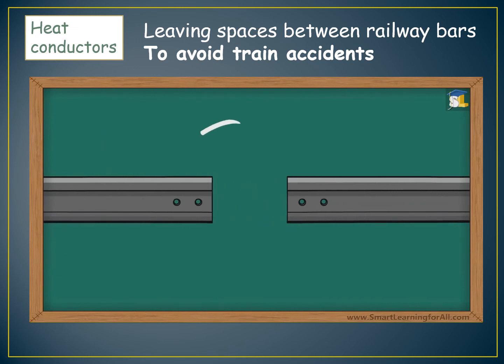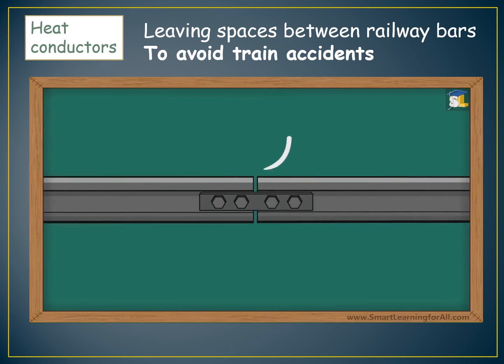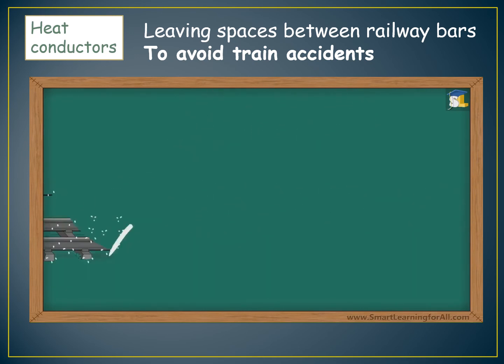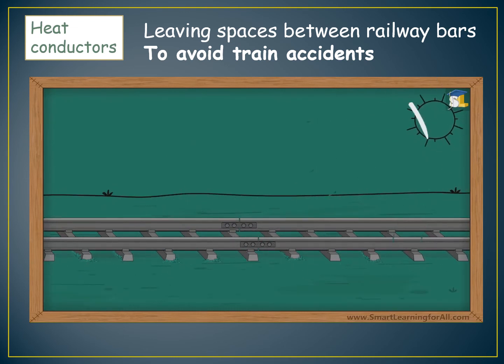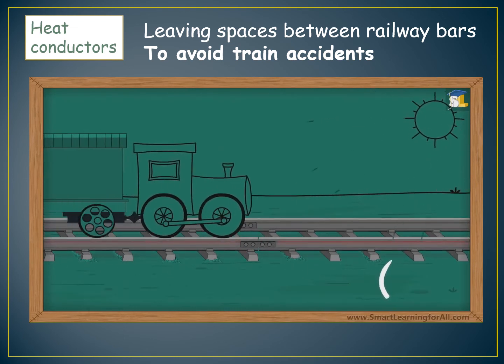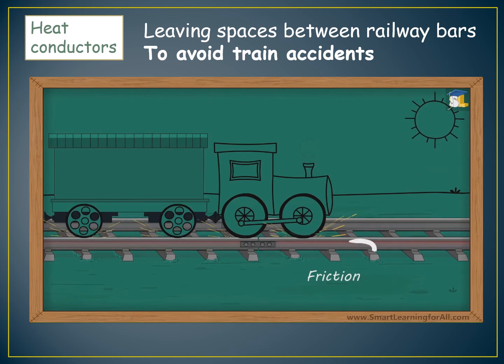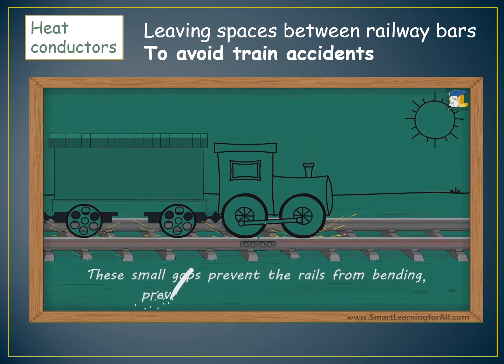Instead, each rail is connected to the other in such a way that a small gap is left in between them. These small gaps provide space for easy expansion of the rails, which happens during summer, as well as due to continuous friction between the train wheels and the rails. Hence, these small gaps prevent the rails from bending, preventing any kind of accidents.